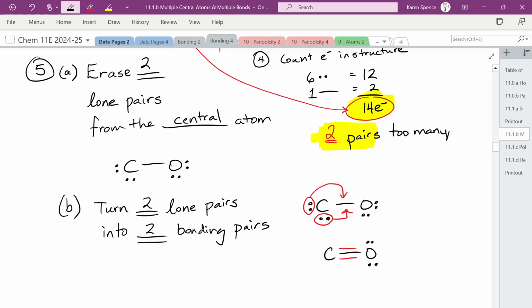Is that a happy structure? No, why not? Carbon has only 6 and oxygen has 10. Okay, so this is a no, definitely not. We have to turn the lone pairs into the bonding pairs until all atoms have 8.